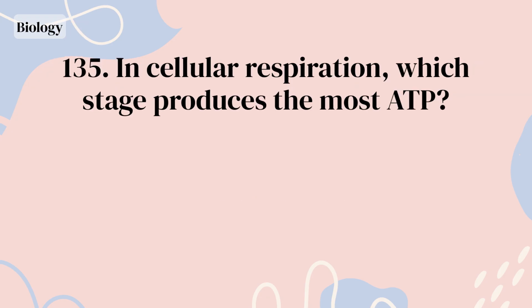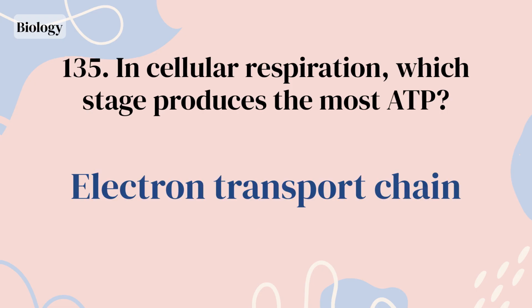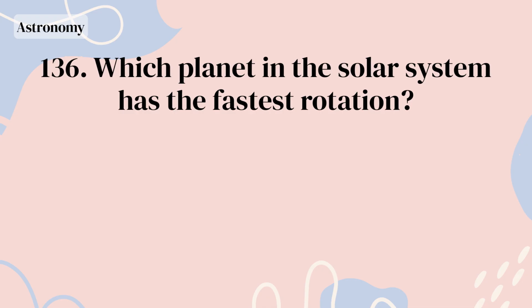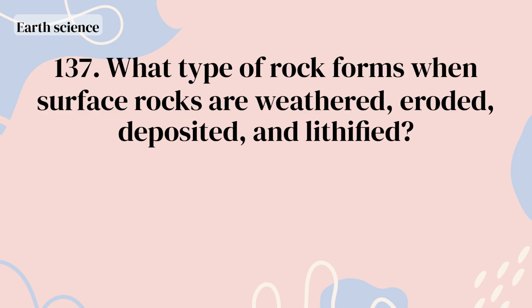In cellular respiration, which stage produces the most ATP? Electron transport chain. Which planet in the solar system has the fastest rotation? Jupiter. What type of rock forms when surface rocks are weathered, eroded, deposited, and lithified?